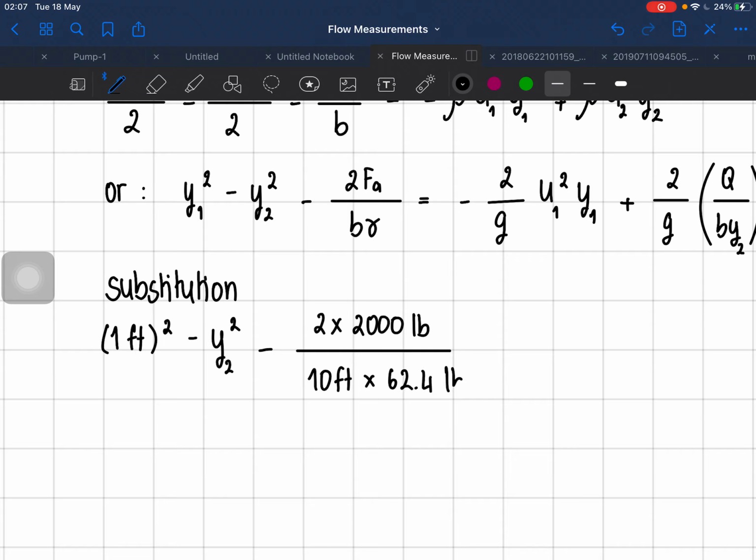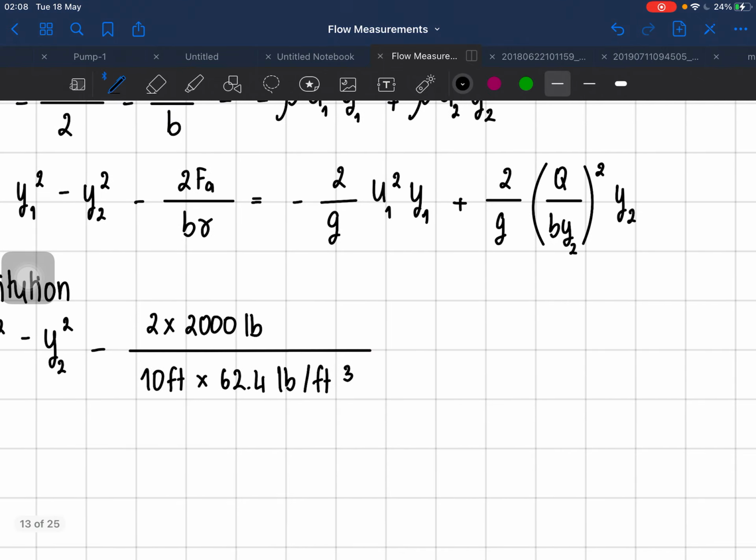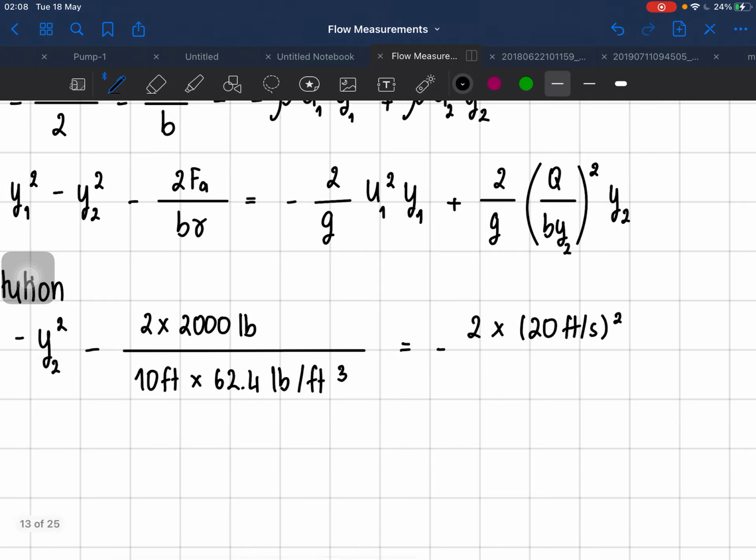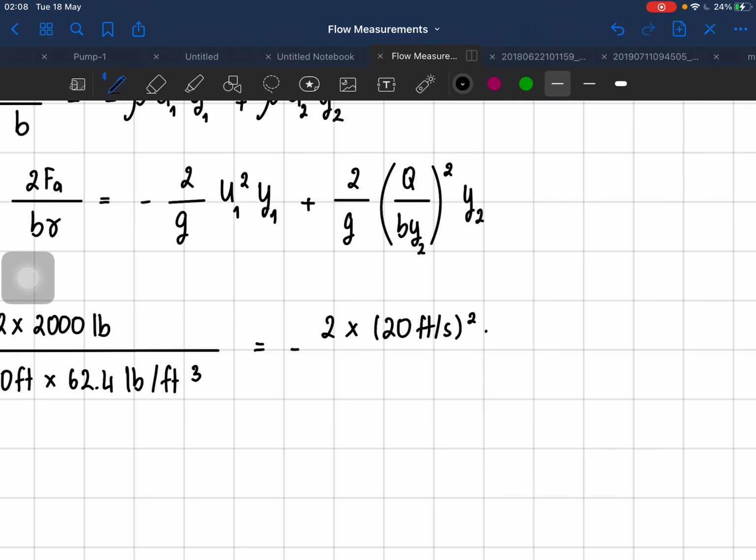This is given as the gamma of the liquid, which is water, in US units, per cubic foot. Then equal to minus 2 times 20 feet per second square times 1 foot.